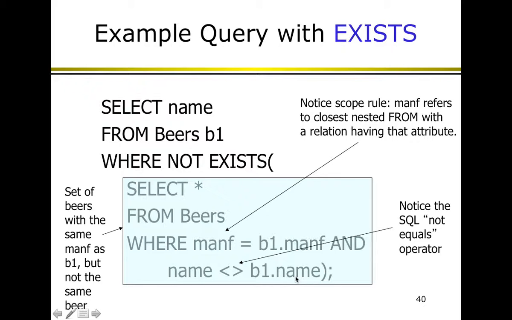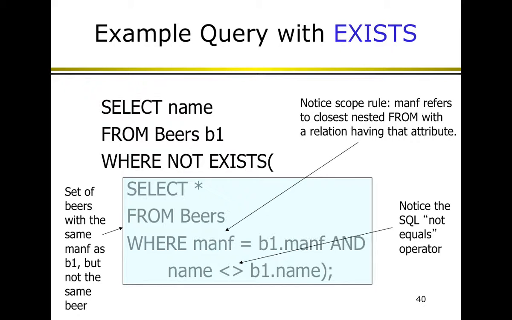So I got a lot of stuff on this slide here. This is the set of beers from the same manufacturer as B1, but not the same beer. And then you'll notice that I have beers B1 out here, and I'm using beers B1 down here. So it tells us a little bit about the scope rules that are going on.